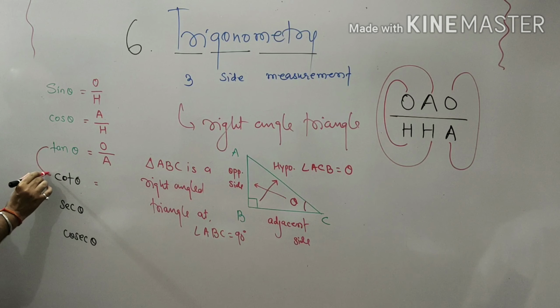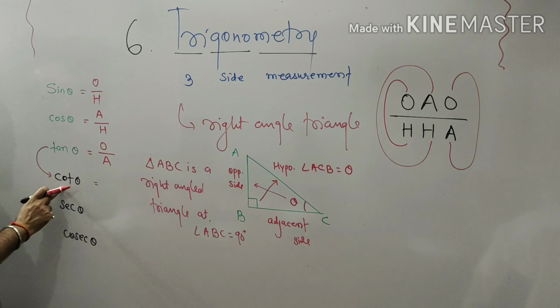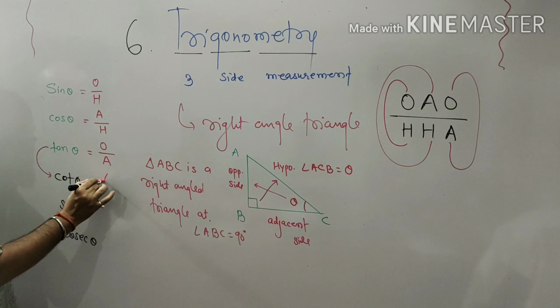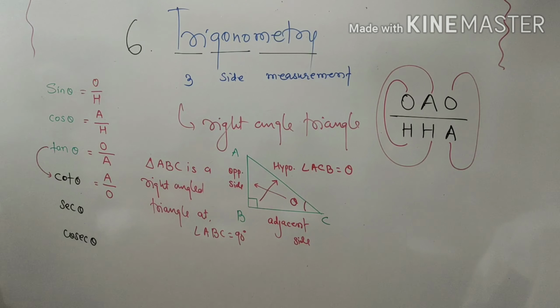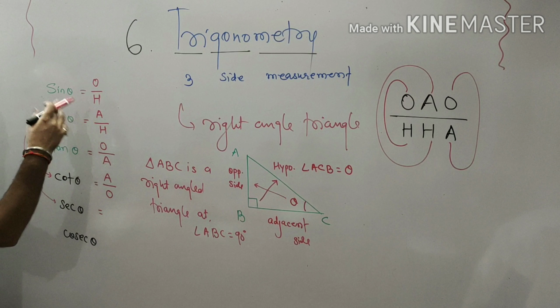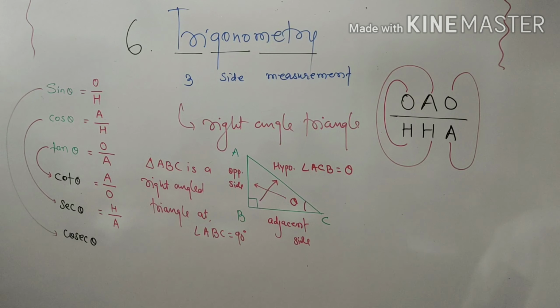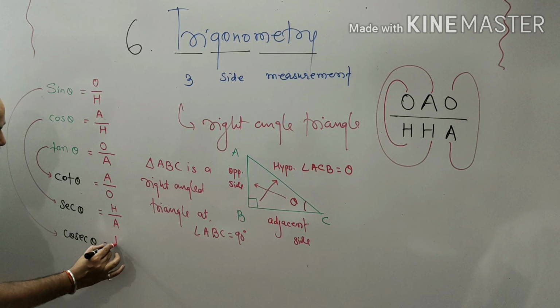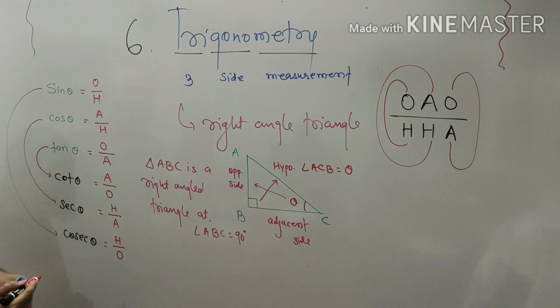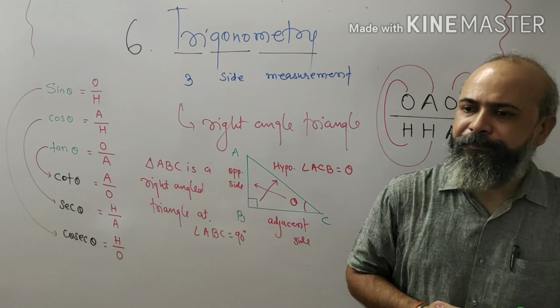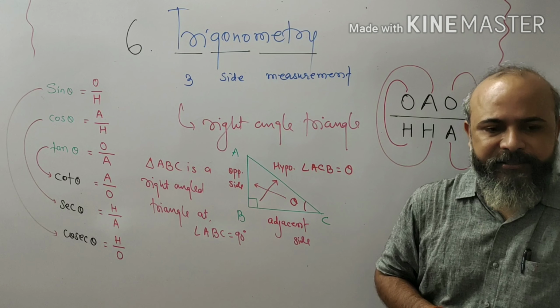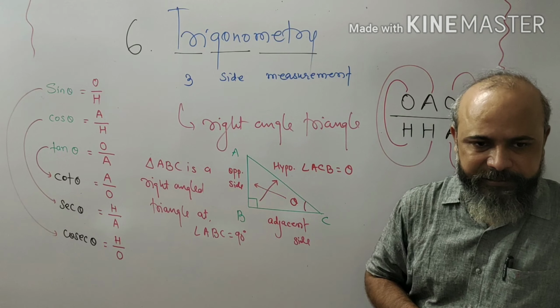Now the remaining ratios. Cot theta is the opposite of tan theta, so you write A by O. Sec theta is the opposite of cos theta, so A by H is written as H by A. The last one, cosec theta, is the opposite of sin theta, written as H by O. Here O is the opposite side, A is the adjacent side, and H is the hypotenuse.